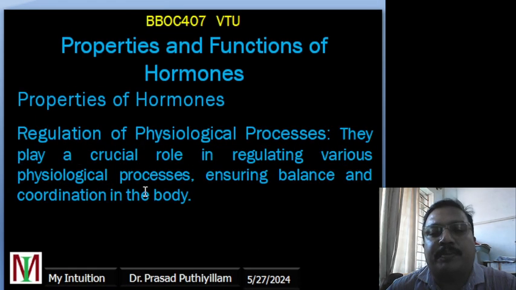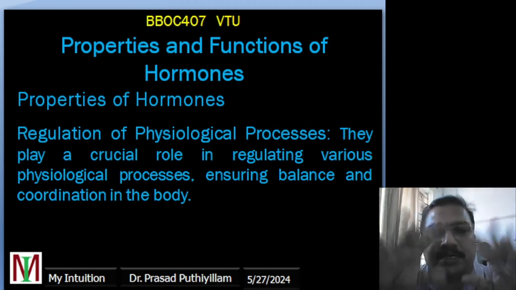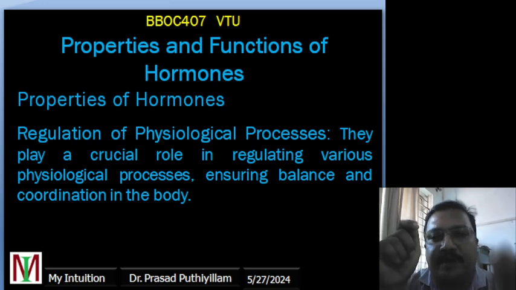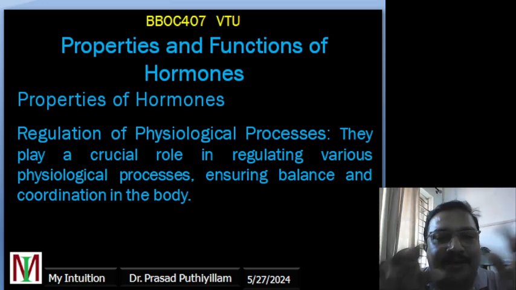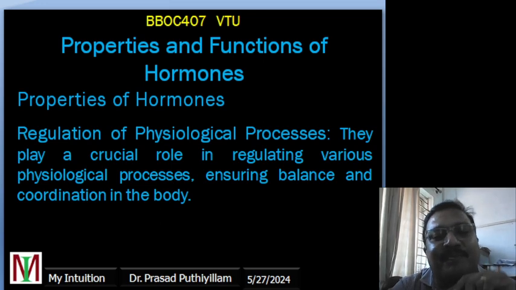Now the next property, that is regulation of physiological processes, like controlling an orchestra. You have heard how different musical instruments are controlled by one person, the conductor. In the same way, the physiological processes are regulated by these hormones.